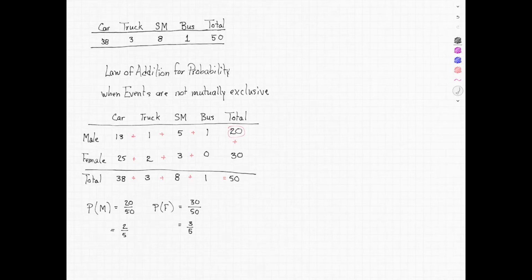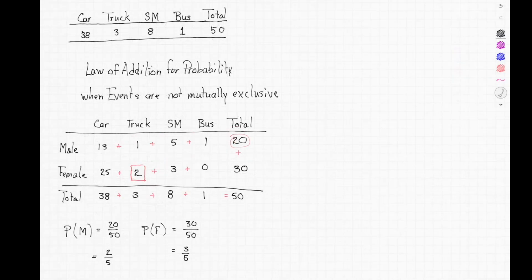Now, let's make this problem more interesting. Let's ask this question. What is the probability of randomly selecting a person that is a female and drives a car?